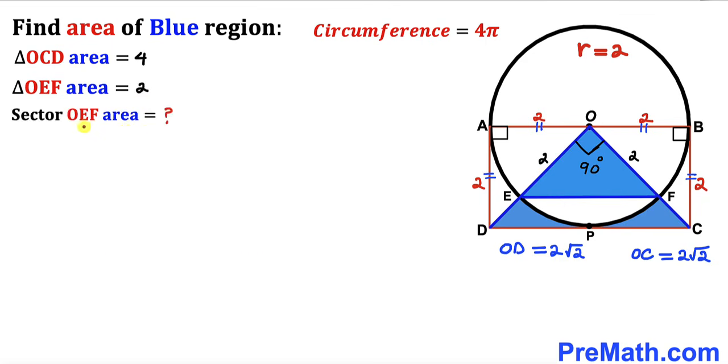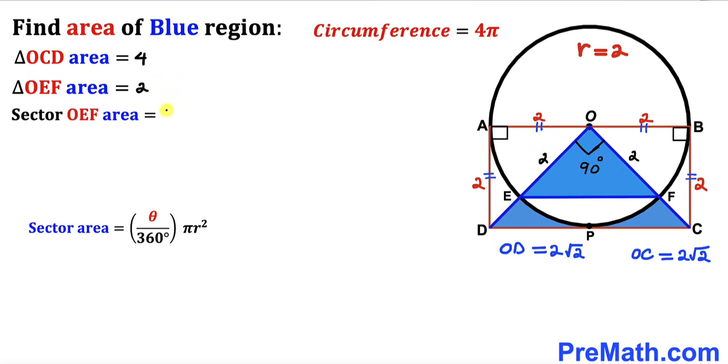And now we are going to calculate the sector OEF. We are going to calculate this whole sector OEF. And now let's recall the sector area formula. Area equals angle theta divided by 360 degrees times pi r squared, where r is the radius. And in our case, our angle theta is 90 degrees and the radius is 2.